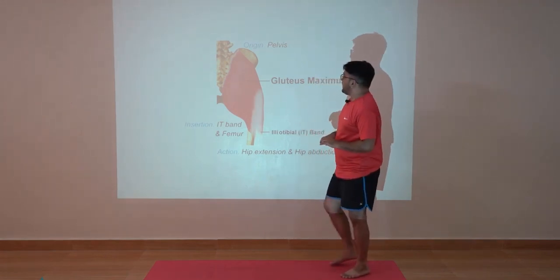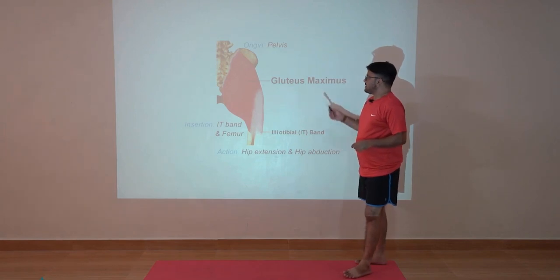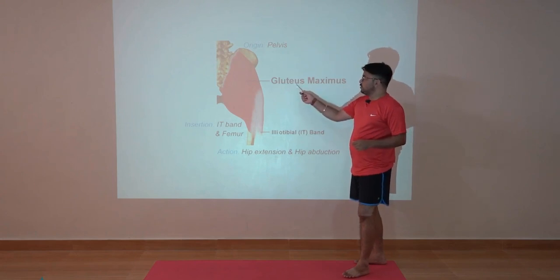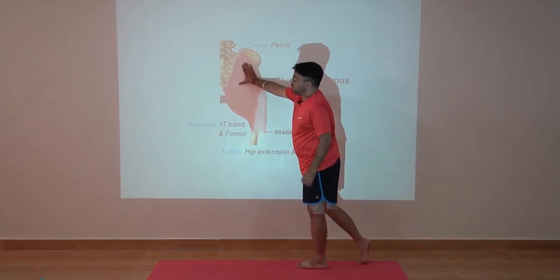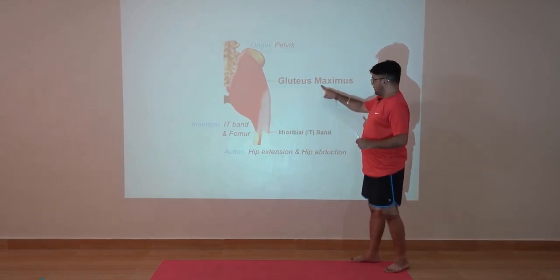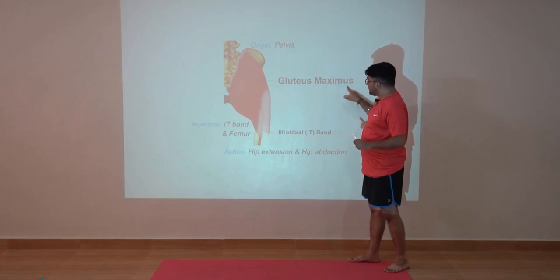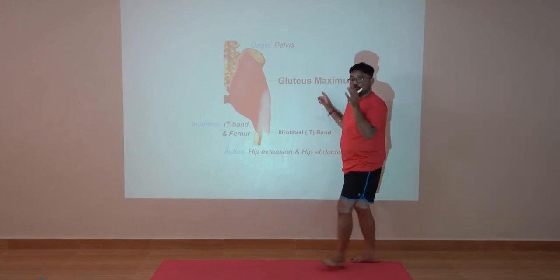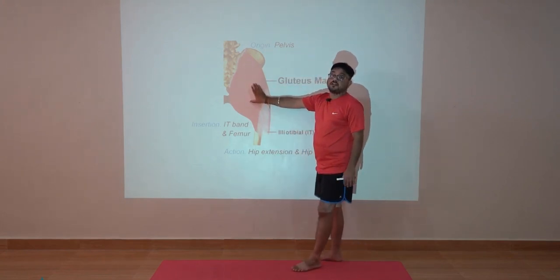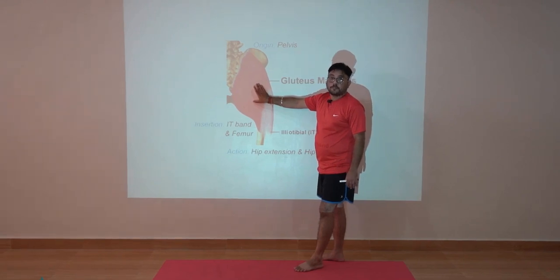Now, the gluteus maximus, today's muscle, the butt muscle that we call the gluteus maximus. Glutes we use for butt, for your buttocks, from the back part of your pelvis or the hip bone. Maximus is for maximum, because this is occupying the maximum space on the back part of your hip bone.